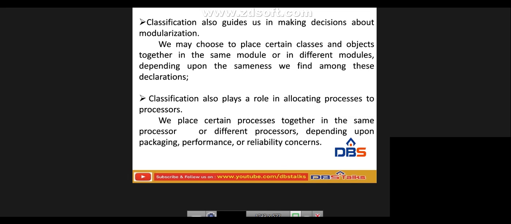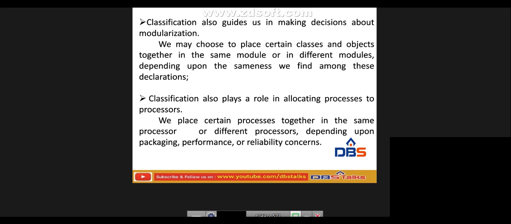We may choose to place certain classes and objects together in the same module or in different modules, depending upon the sameness we find among these declarations.